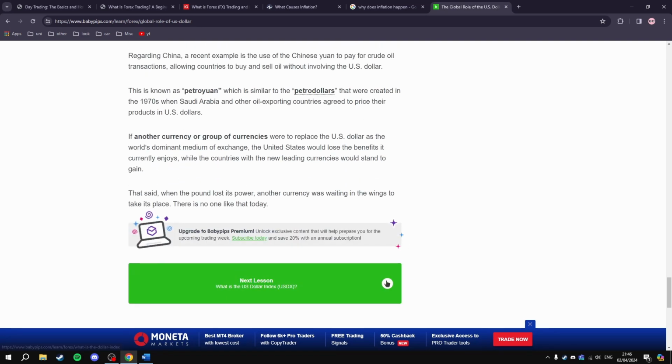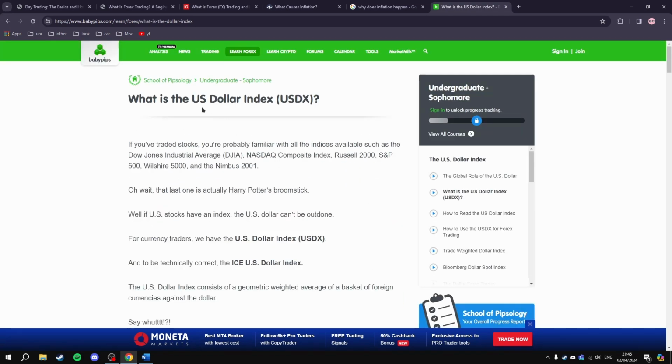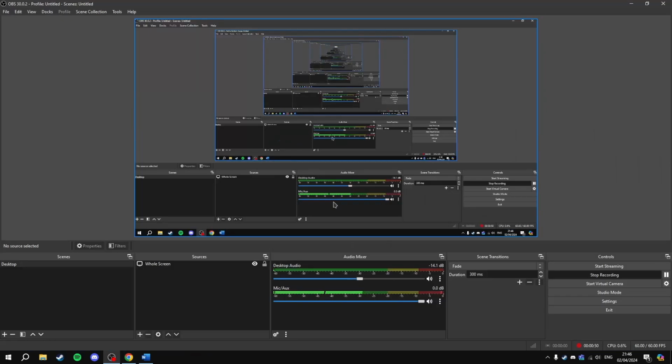And now we're on to basically a history of what the US dollar is, like background information. And now we're on to what is the US dollar index, or USDX.